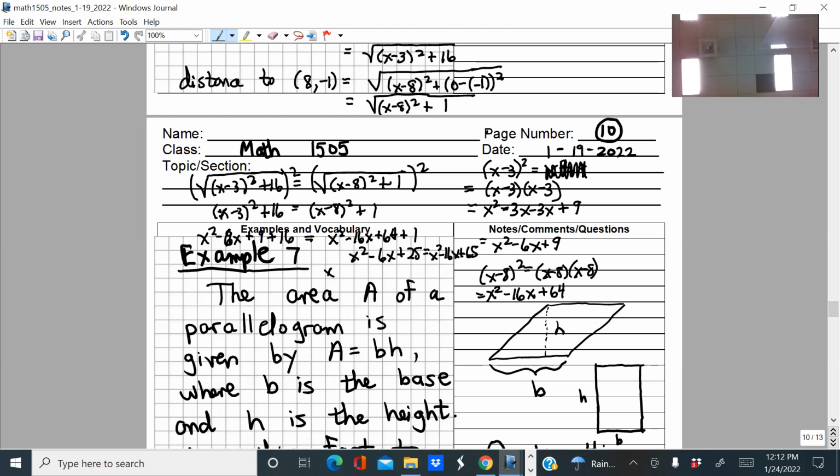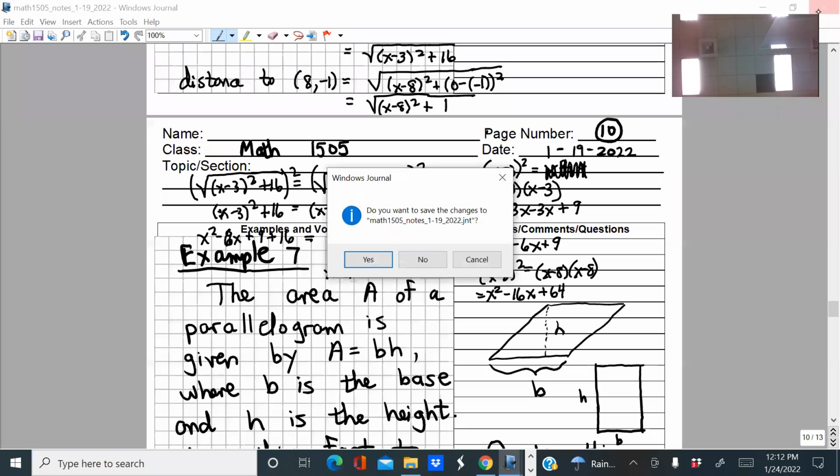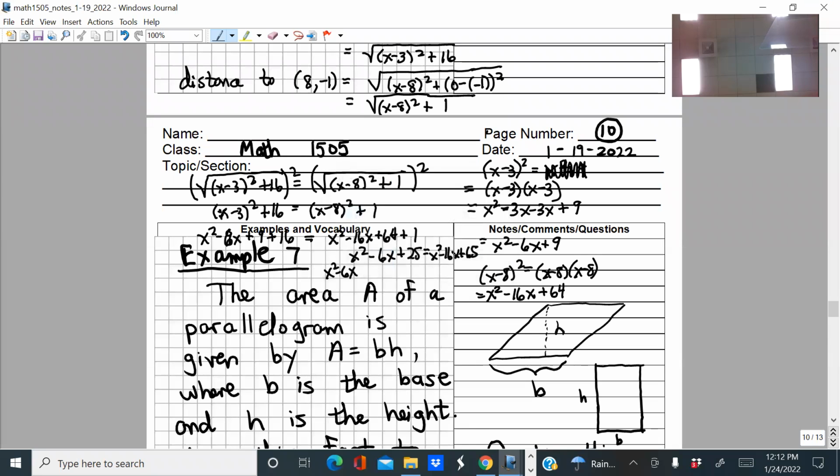So I have x squared minus 6x, and then I'm going to bring the minus 16x over, so that becomes plus 16x. Oh, I forgot this x squared comes over, so that becomes minus x squared.